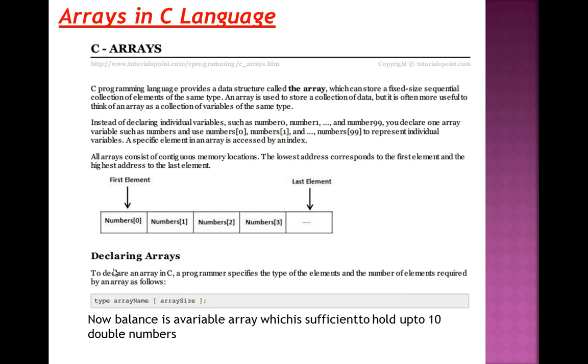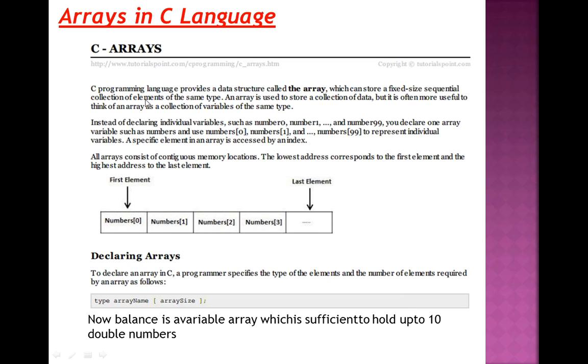If there are 100 numbers, it is 0 to 99, and this is known as the index: number 0, number 1, number 2, number 3 and so on. Number 0 is your first element and the last element, suppose 100, is 99.